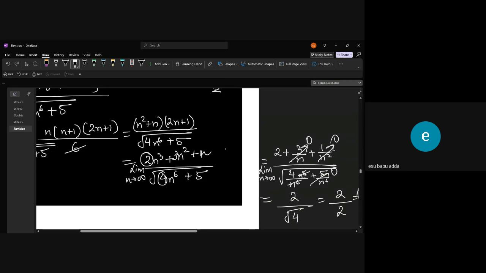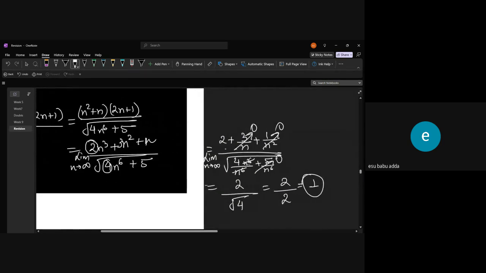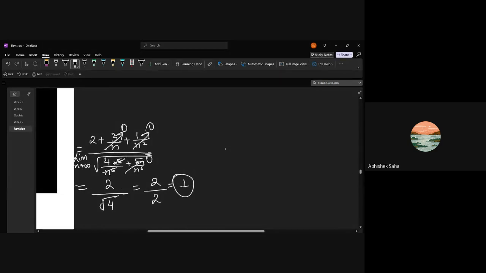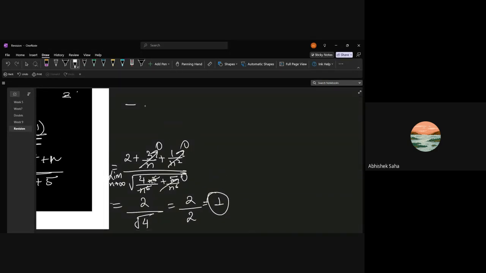Sir, answer can be -1 also, right? Root 4 is -2 and 2, both can be... No, no, no. If it is minus root 4, then it is minus 2. Roots are -2 and 2, right? -2 into -2 is also 4, right?